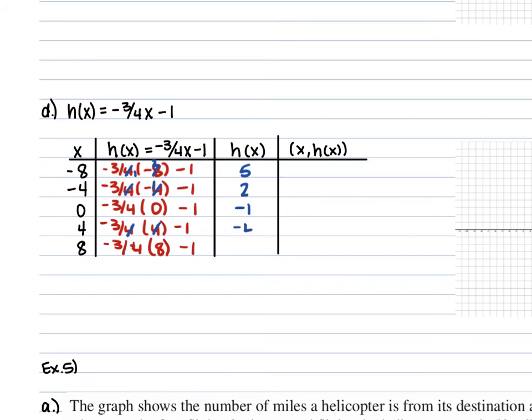Minus 1 is negative 4. The negative 3/4 times 8 is negative 3 times 2, which is negative 6. Minus 1 is negative 7. So this gives us negative 8, 5; negative 4, 2; 0, negative 1; 4, negative 4; and 8, negative 7.